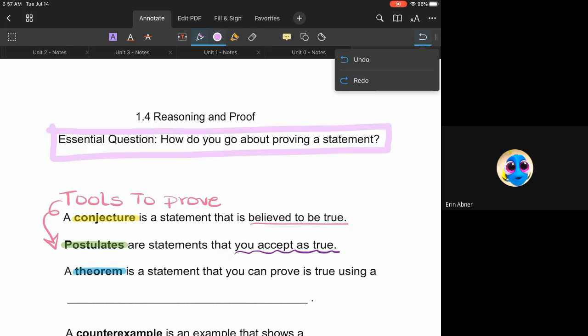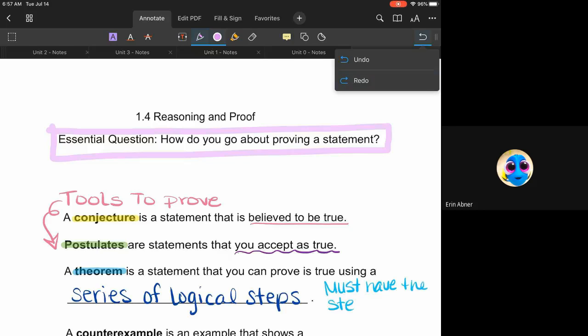You also have theorems, which is a statement that you can prove is true using a series of logical steps. In this case, it must have the steps of proof.